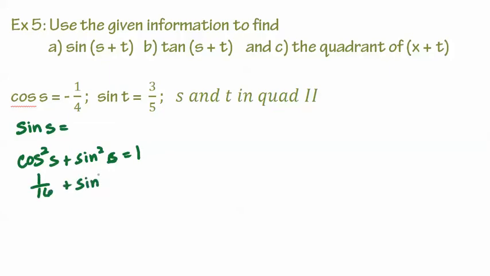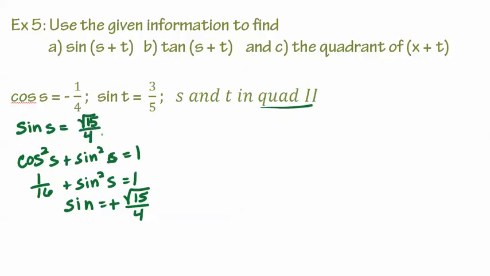And I hope that you can skip much of this work now. 1 minus 1/16 is 15 over 16. So when we take the square root, because we are given to be in quadrant 2, I'm going to keep a positive value for sine. So we would get the square root of 15 over 4 for the sine of that angle.